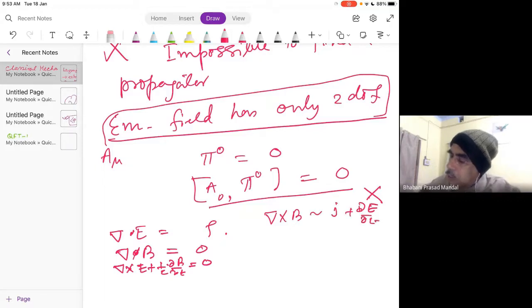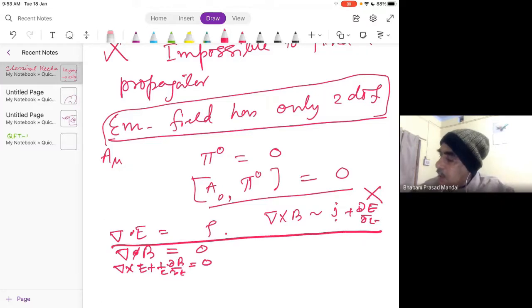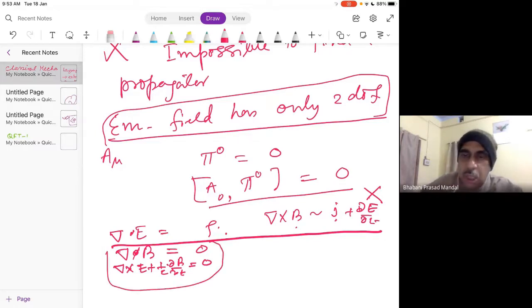So, this current defines the magnetic field, the charge density defines the electric field. So, these are the 2 equations which define the electric and magnetic field, but these 2 equations are constraints on the electric and magnetic field.